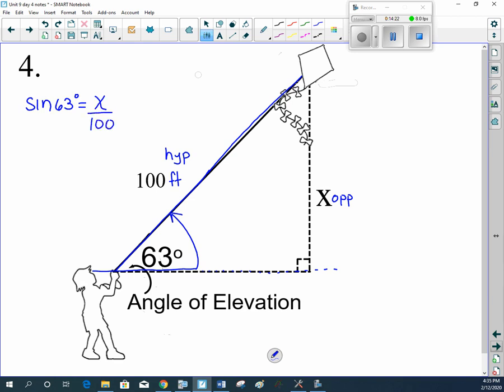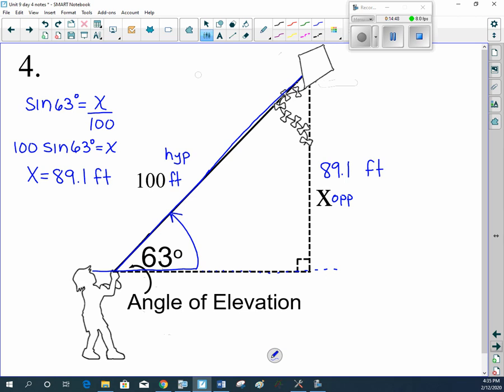And then I'm going to solve this for x, so I'm going to multiply both sides by 100, and we're going to have 100 times the sine of 63 degrees equals x. So I'll just go to my calculator, 100 times the sine of 63, and that turns out to be 89.1 feet. So this right here would be 89.1 feet.